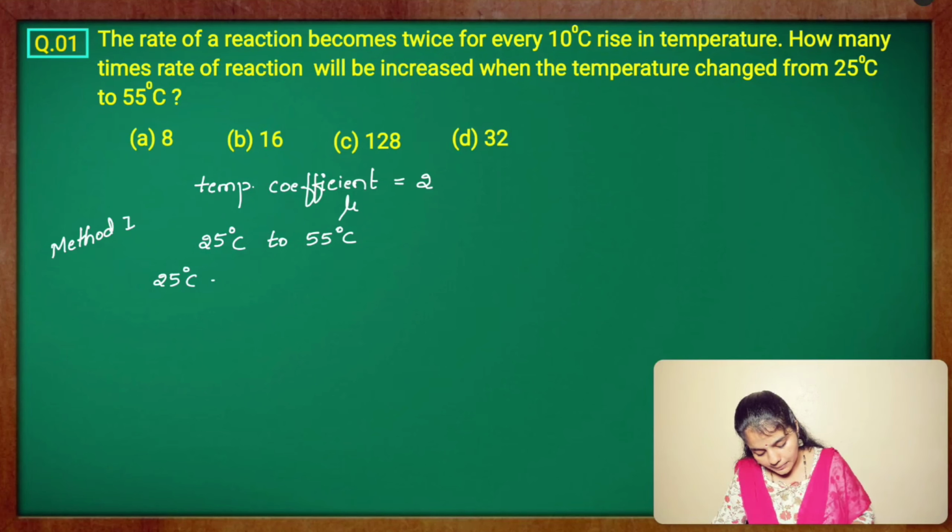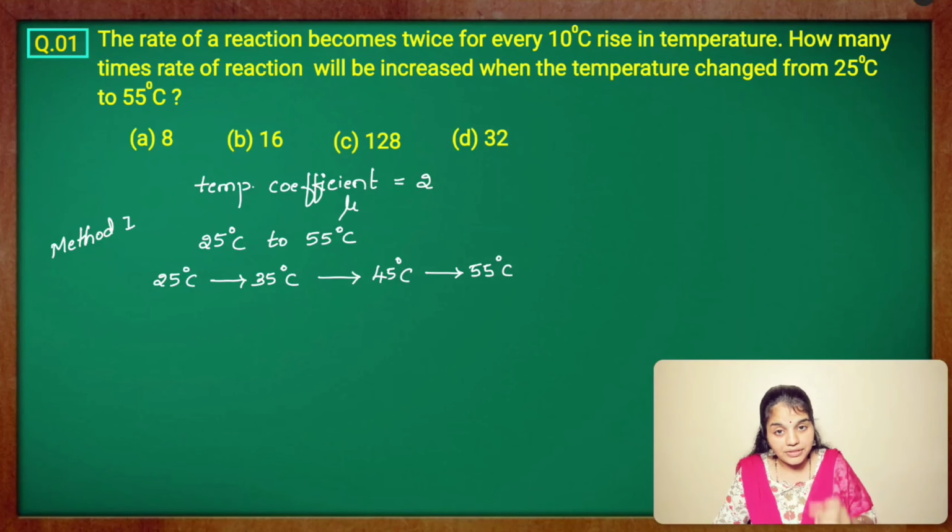So 25 plus 10, that is 35 degrees centigrade, plus 10, 45 degrees centigrade, and plus 10 we have 55 degrees centigrade. I have written it in intervals of 10 degrees centigrade because temperature coefficient is defined for 10 degree rise in temperature.